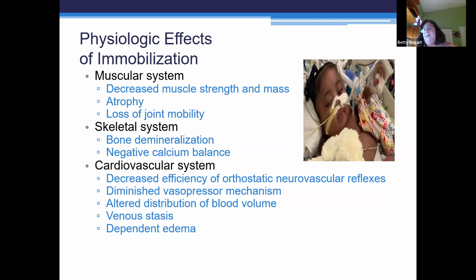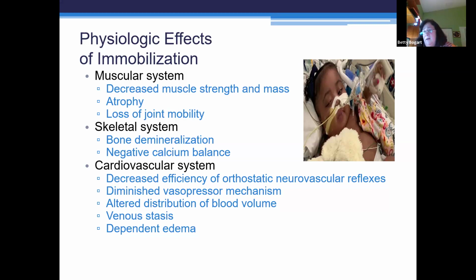So you're immobilized, you're not moving, you're not exercising, especially kids. You're going to see decreased muscle strength. You're going to see joints not be as flexible as they were. They're going to stiffen up, just like an adult. Oh yes, children, the same thing. We know there can be problems with the skeletal system, with bone demineralization, and the dietary needs are going to be changing.